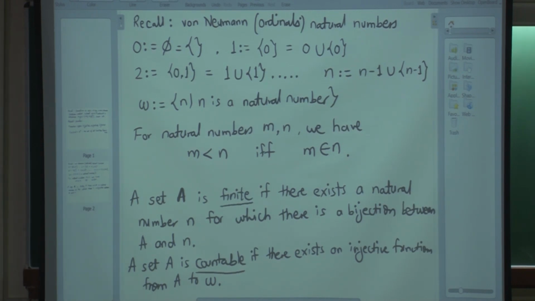So a countable set could be finite or infinite. So we are just saying it needs to be in bijection with either some natural number or the collection of natural numbers. So that's what we are writing. What is the meaning of countably infinite?